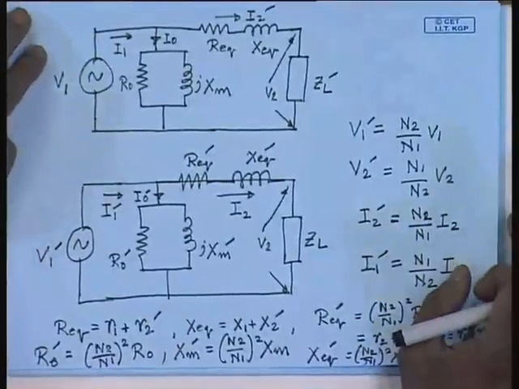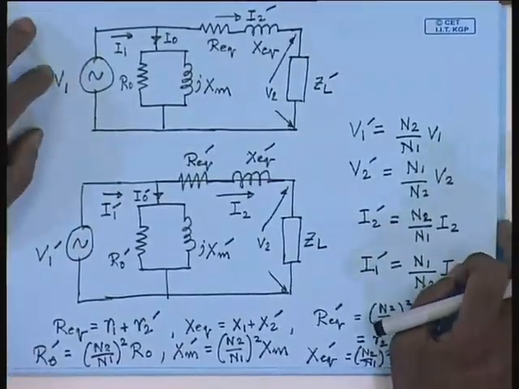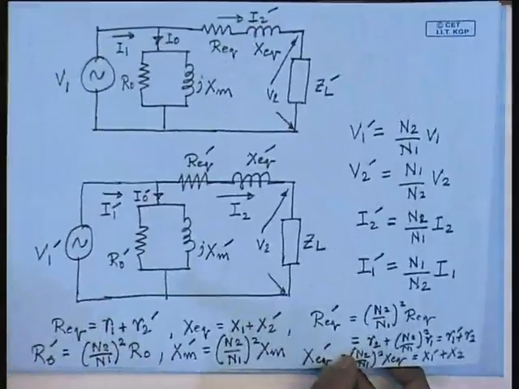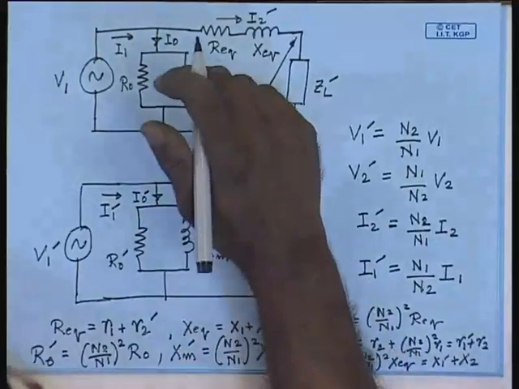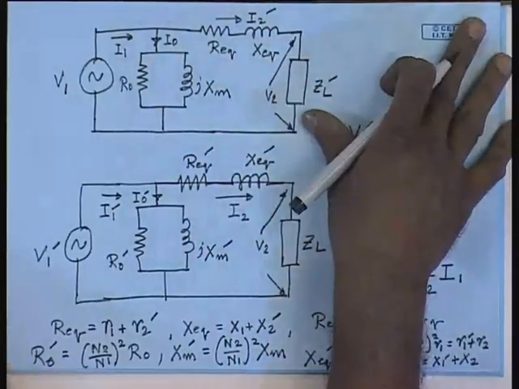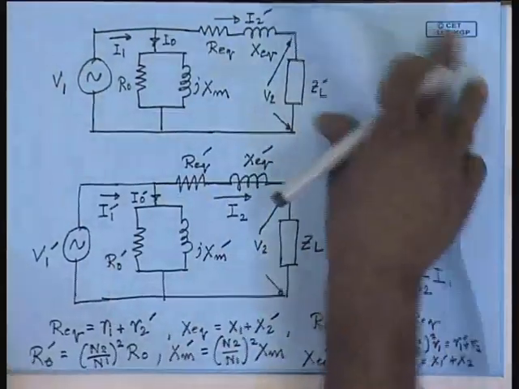In order to get a per unitized equivalent circuit, we have to define certain base quantities. Although the bases can be selected arbitrarily, the customary practice is to select the rated voltage of a given side of a transformer to be the base voltage. Therefore, the rated voltage of the primary will be the base voltage for the primary side variables and parameters.